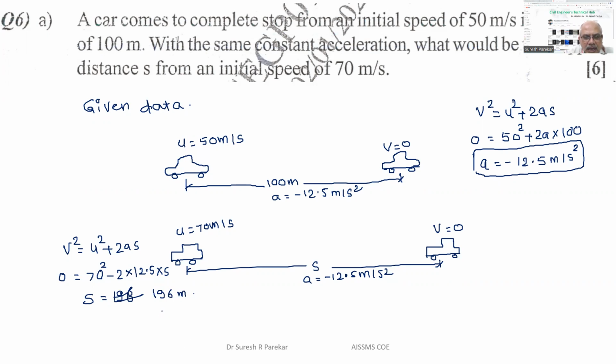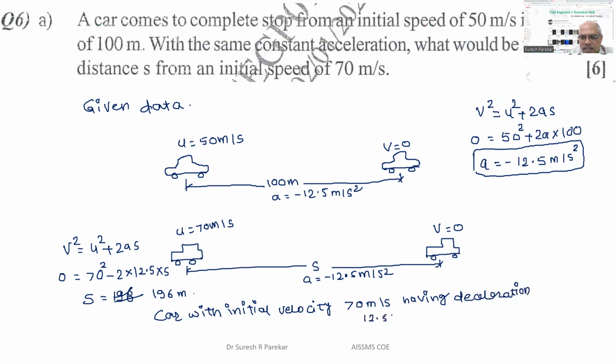So a car with initial velocity 70 meter per second, having deceleration 12.5 meter per second square, will stop at 196 meters from its initial position.